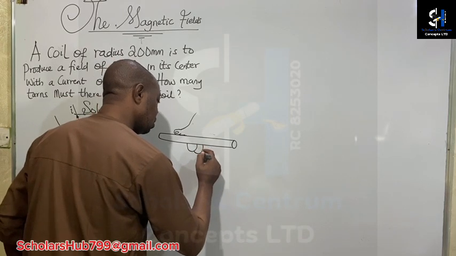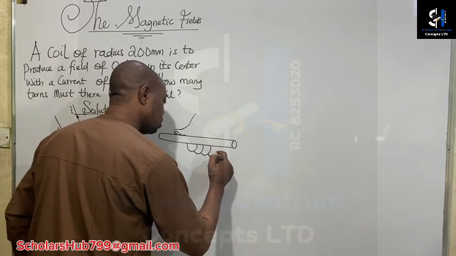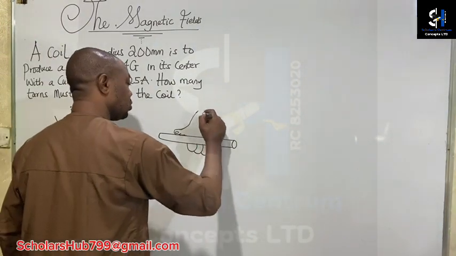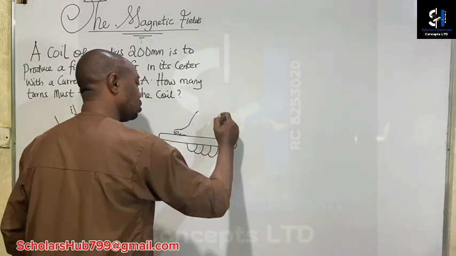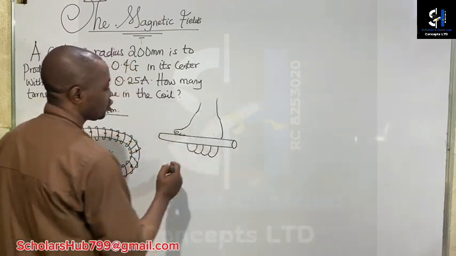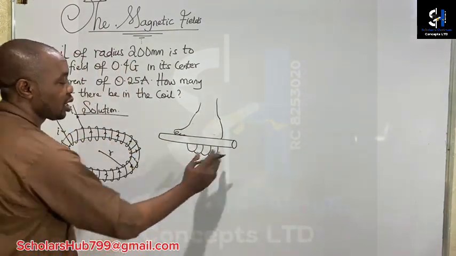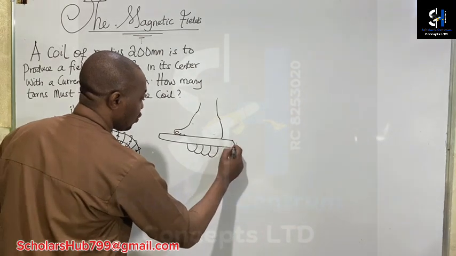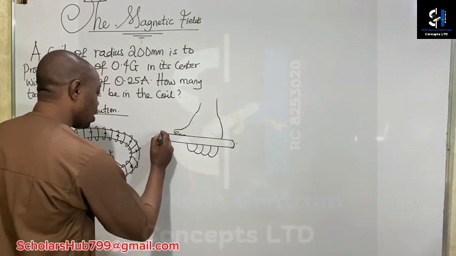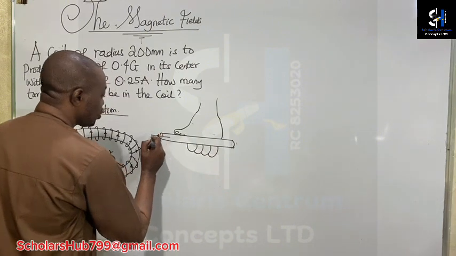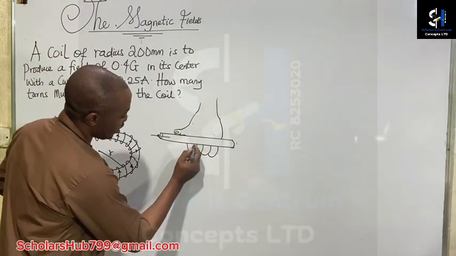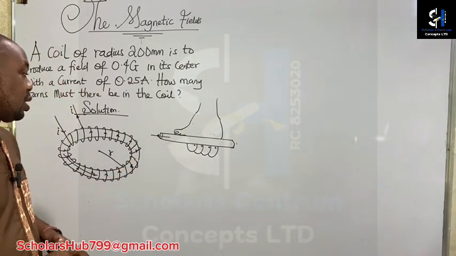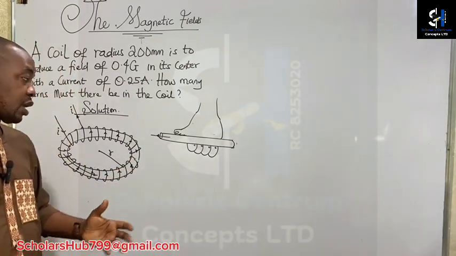when the right hand grabs a straight conductor carrying current, the direction of current, just like what we have here, we have a straight wire carrying current.